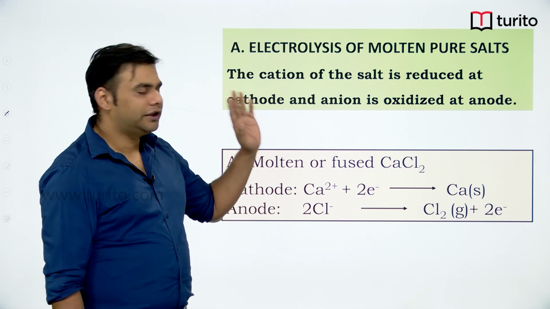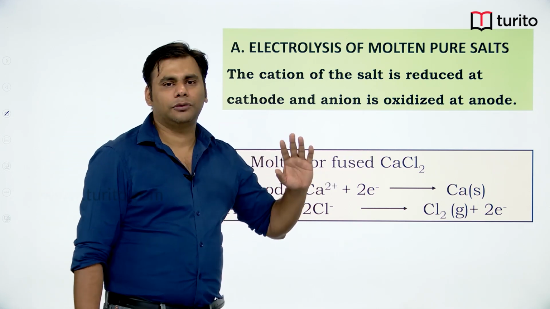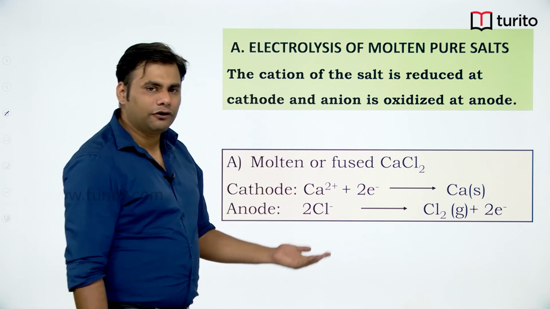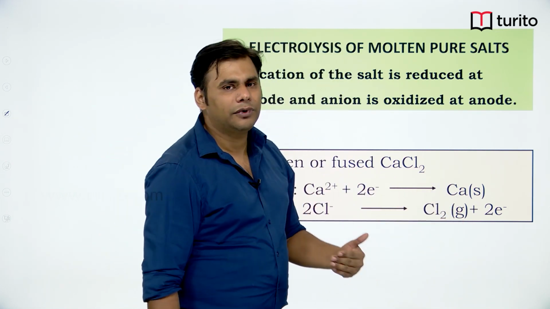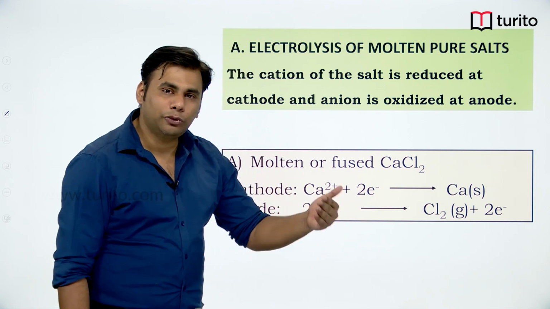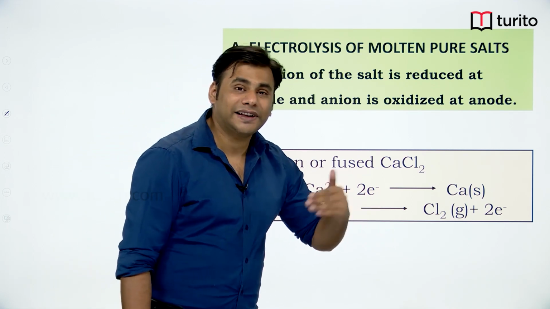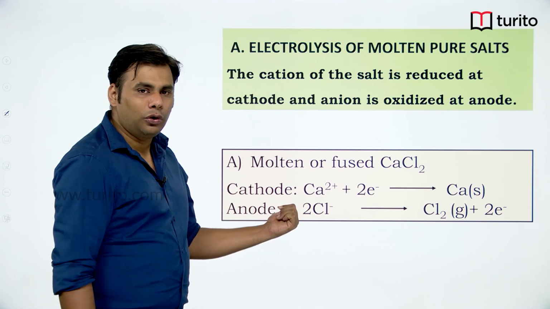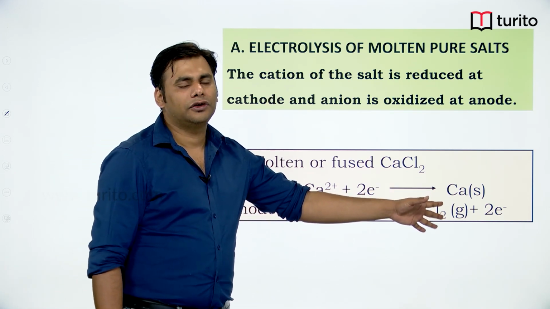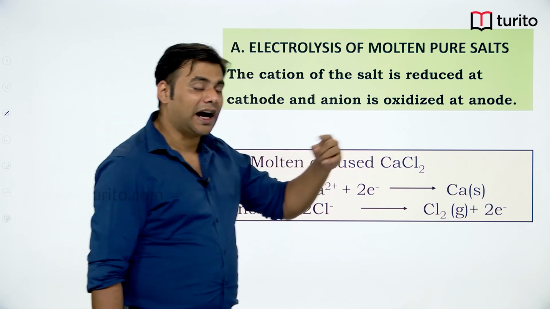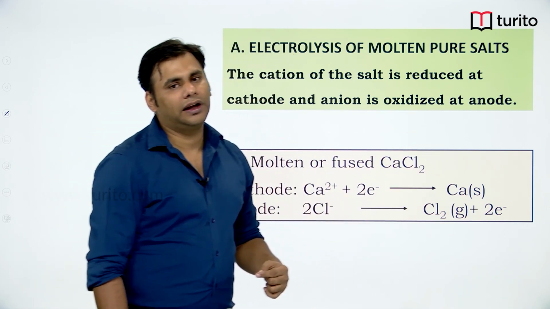So the example of this is molten or fused calcium chloride. When you have taken molten or fused calcium chloride, it does not contain any water. So calcium chloride will basically split into calcium 2 plus and 2 chloride ions. Now this calcium 2 plus would go to the cathode and undergo reduction, releasing calcium solid. So this calcium would start depositing at the cathodic electrode.